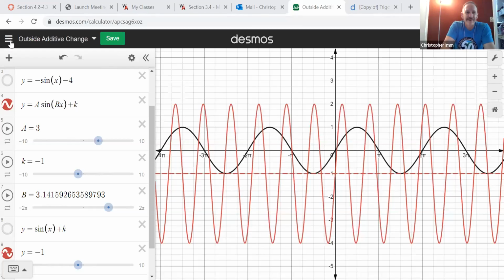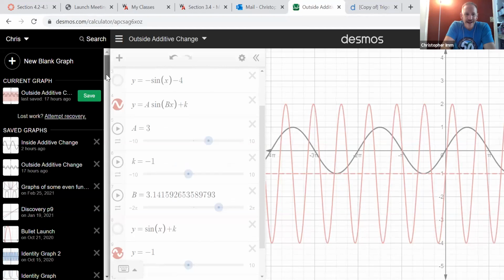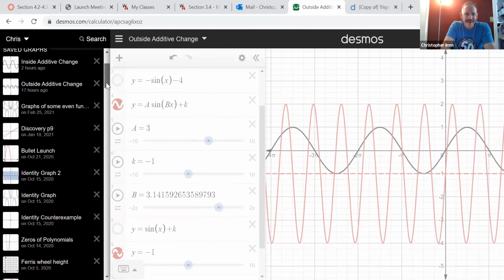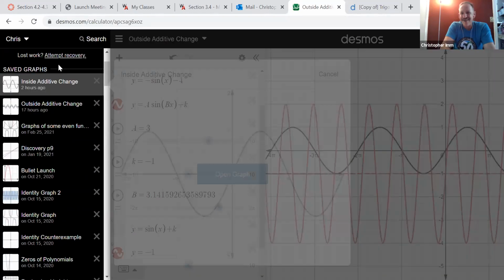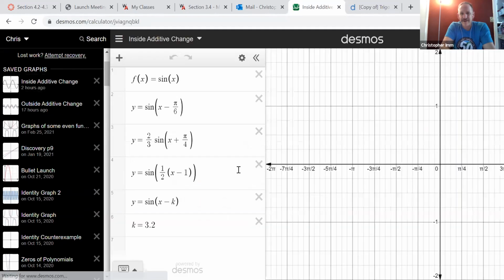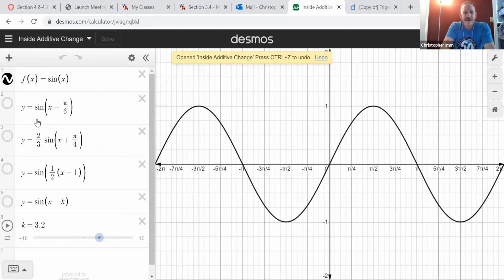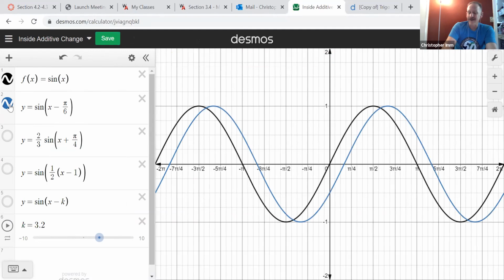So I need to go to my inside additive change. There we go. Right at my fingertips. So we said when we have sine of x minus pi over 6, that should move it to the right. Okay, there we go. So it moved that graph of sine to the right. Counterintuitive. This one has a 2/3 times it.